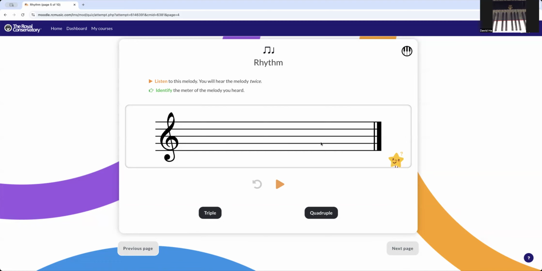Just count it, okay? Let's count from the beginning and then write your answer in here. Let's start from the beginning. Okay, how many?